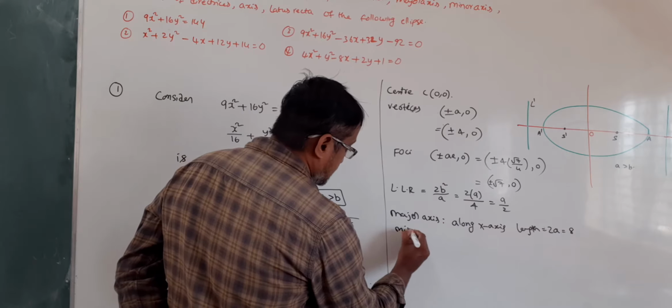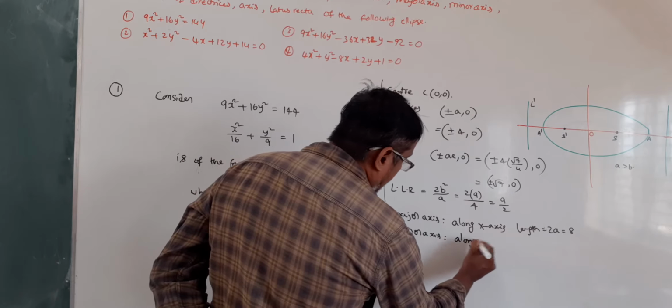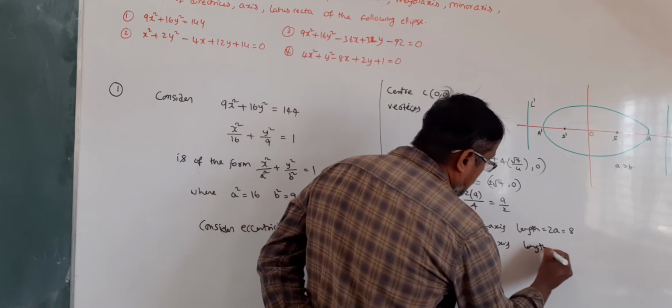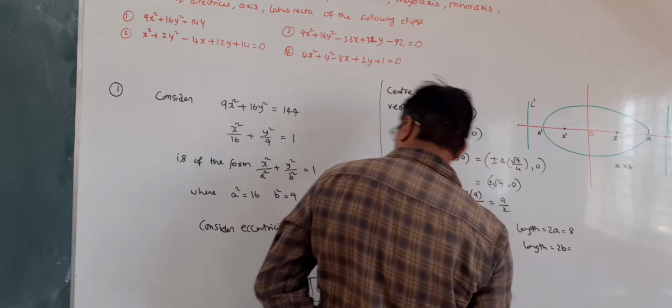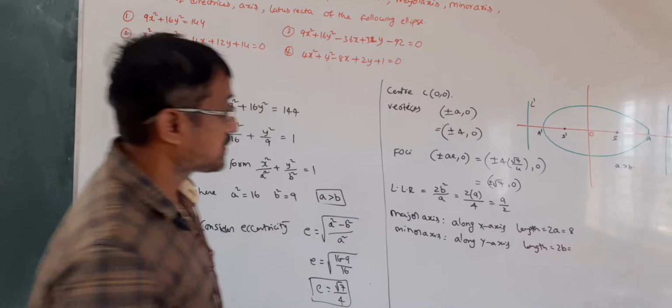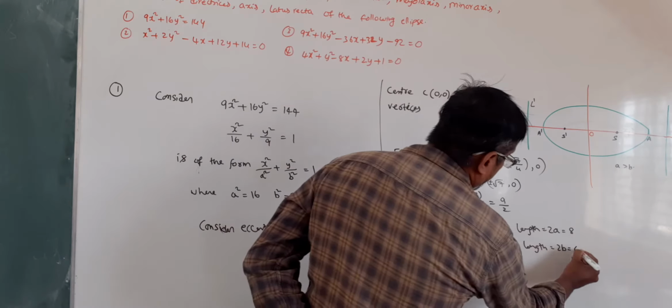And the minor axis is along the y-axis, so its length is 2b. So you will get b square is equal to 9, so b will be 3, so 2b is equal to 6.